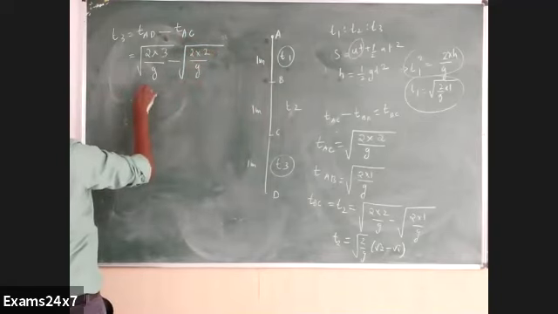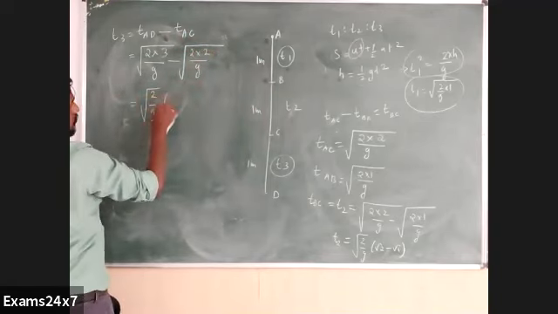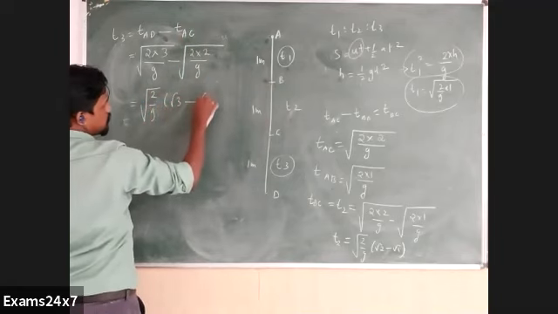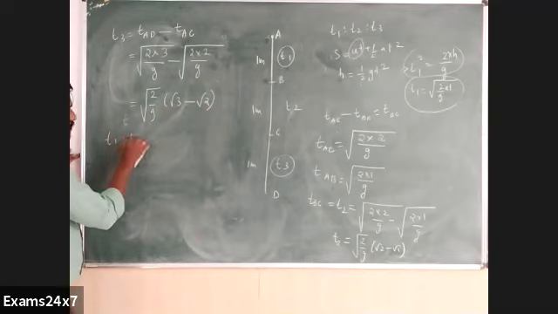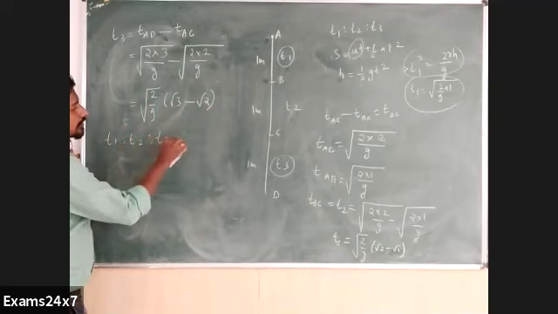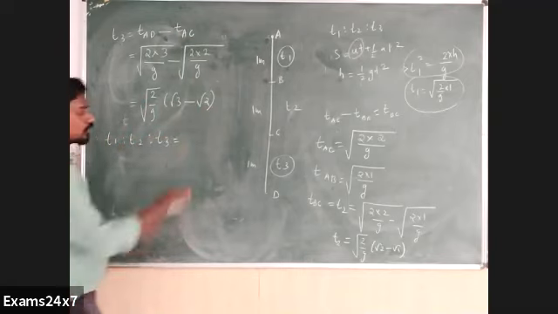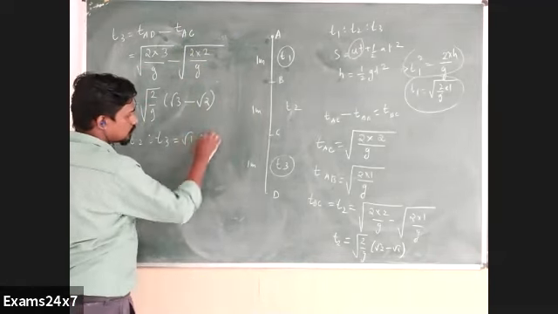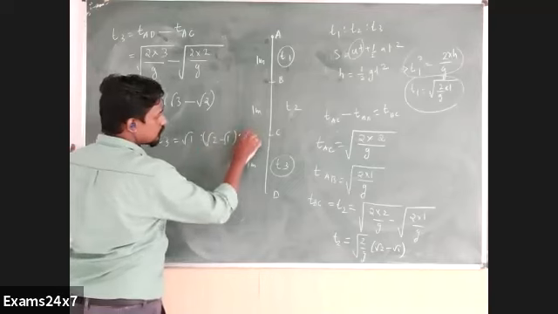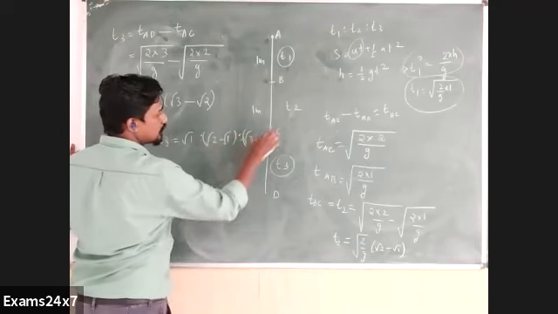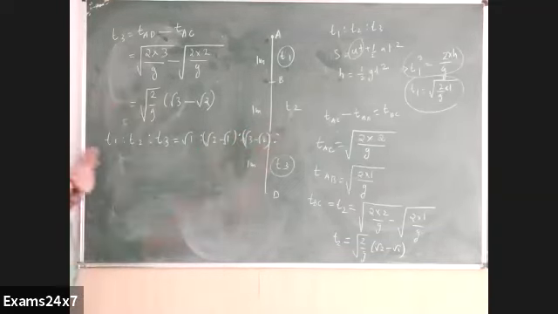That is equal to root of 2 by g into root 3 minus root 2. So what is the ratio? t1 is to t2 is to t3 is root 1 is to root 2 minus root 1 is to root 3 minus root 2 is to etc.